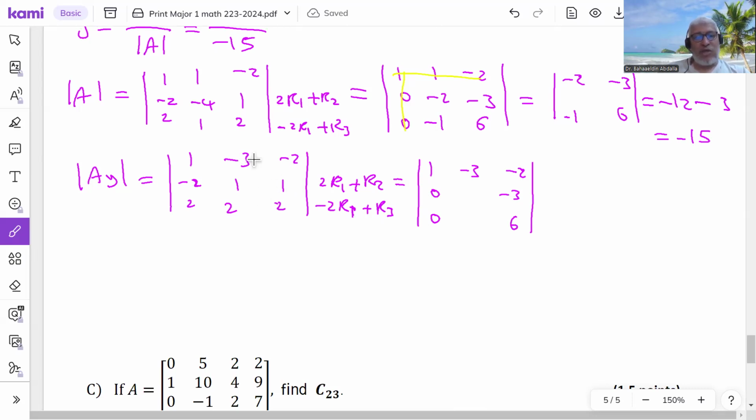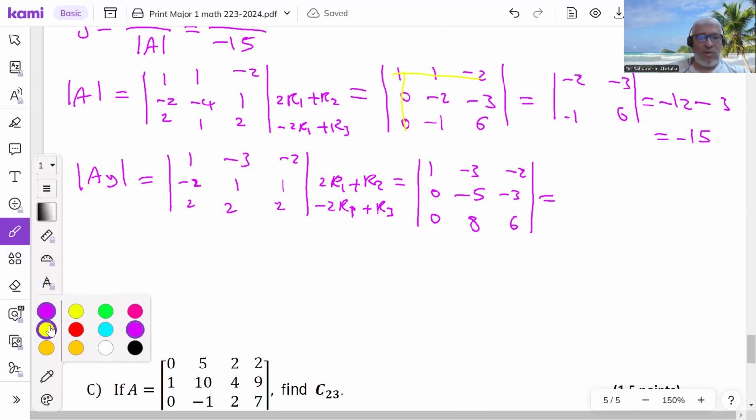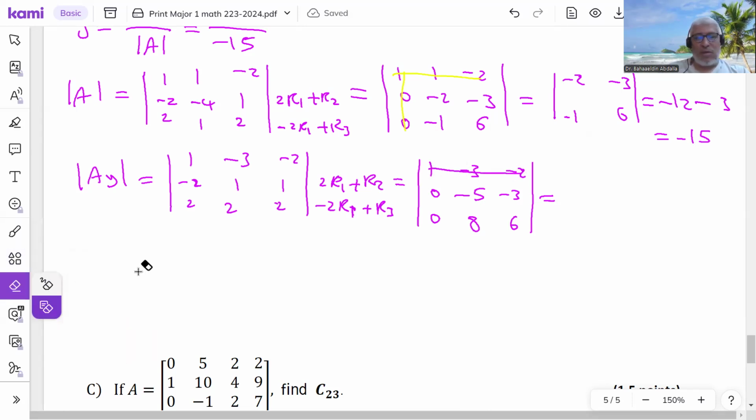But what's changing here is the second column. -6 plus 1, that's -5. And -2 times -3, 6 plus 2, that's 8. And now find the determinant using cofactor expansion along the first column. So let me use another color.